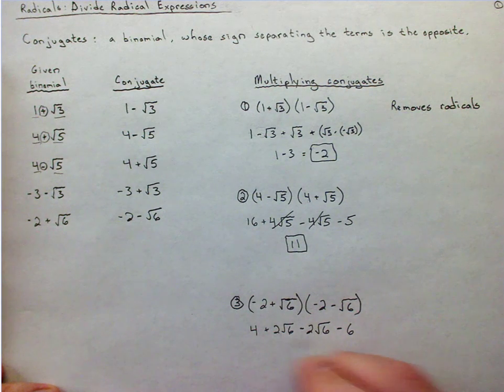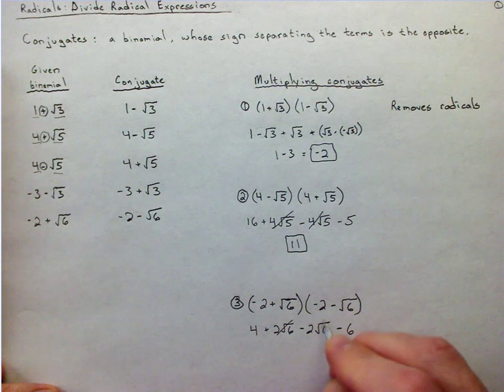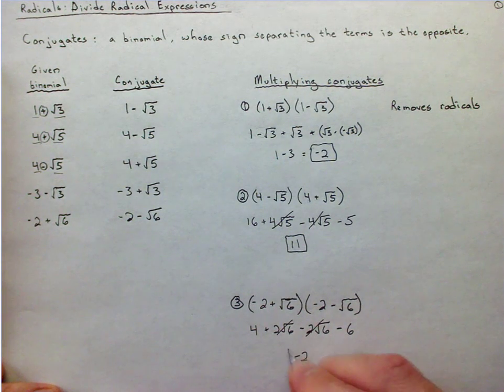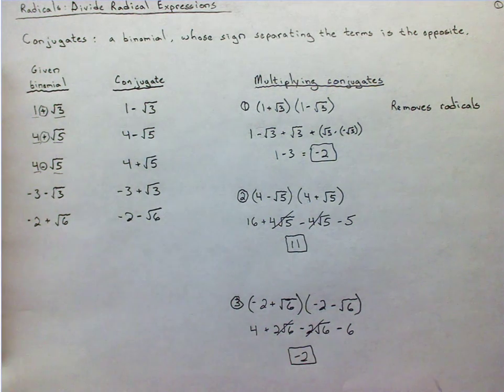Again, these two terms are opposite of each other. One's positive, one's negative. They cancel out. 4 minus 6 is a negative 2. And that is multiplying by conjugates.